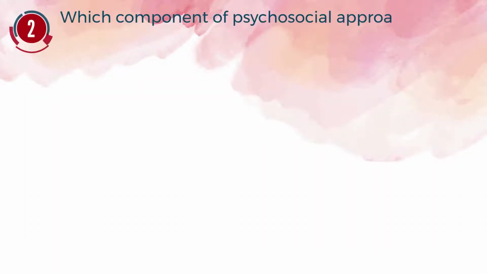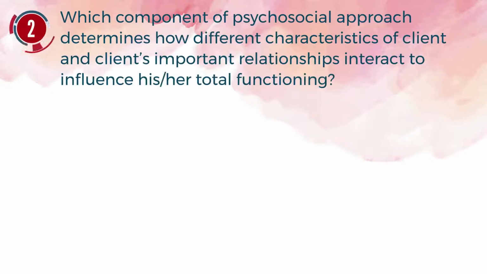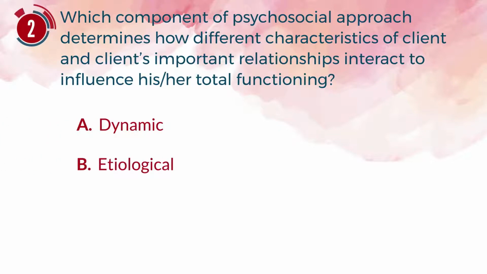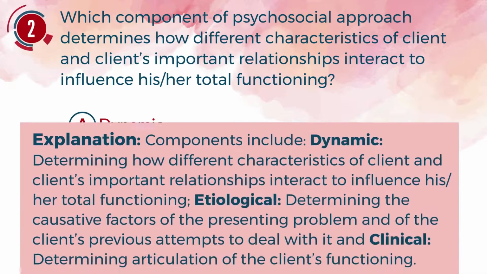Number 2. Which component of psychosocial approach determines how different characteristics of client and client's important relationships interact to influence his or her total functioning? A. Dynamic. B. Etiological. C. Clinical. The answer is A. Dynamic. Explanation.